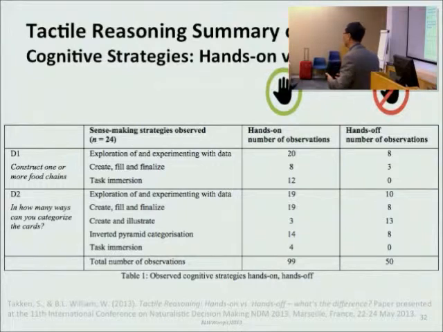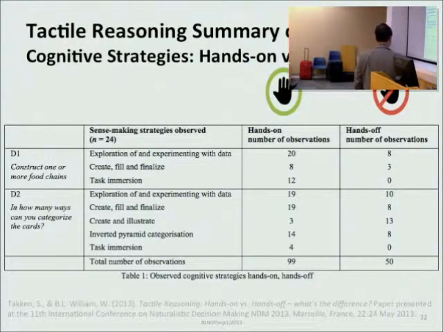All right? If you were not allowed to manipulate them, you came to a conclusion more quickly, even though it may not necessarily be the right conclusion. Whereas if you have the ability to explore and investigate and move things around, they're more likely to try out different observations, try out different ways of grouping them.